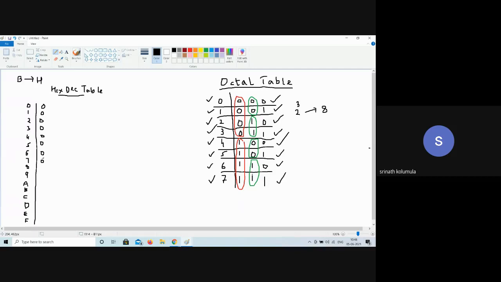Now what should I take for the next 8? Ones. 1, 2, 3, 4, 5, 6, 7, and 8. Now what should you do?